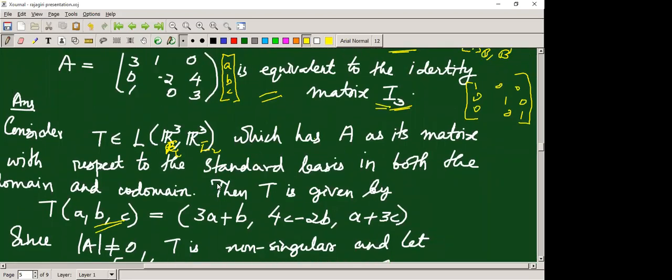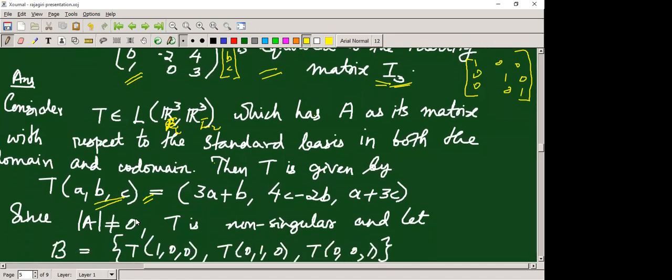You can see, because what is T of (1, 0, 0)? It is (3, 0, 1), that is the first column. T of (0, 1, 0) is (1, -2, 0), and that is the second column. So this matrix is the matrix of T with respect to the standard basis in both the domain and the codomain.